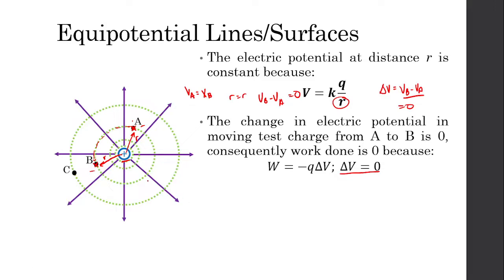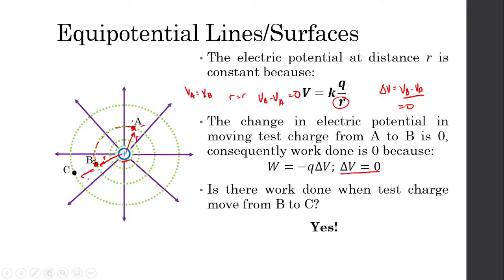Now let's talk about if we move B to C. Is there work done? The answer is simply yes. The reason for that is because the distance between the charge to the point B is r, and if I measure that from the charge to C, the distance is not equal.